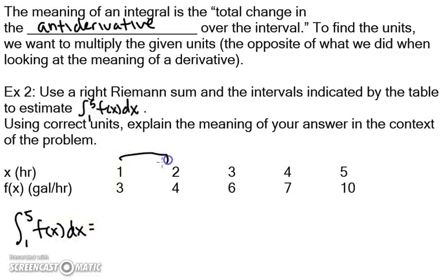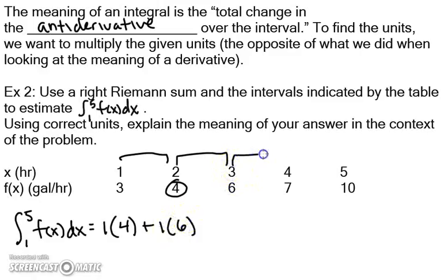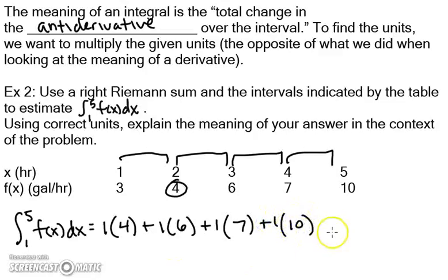So we have a length, or base rather, of 1, right Riemann sum, height's 4, base here is 1, height's going to be 6, base of 1, height 7, base of 1, height 10. So since this one's pretty easy, let's go ahead and simplify this real quick. 4 and 6 is going to be 10, 27.